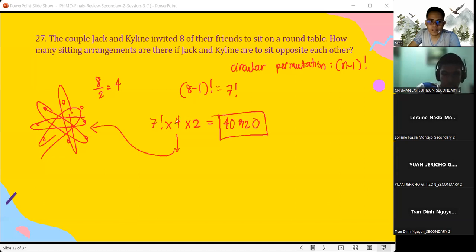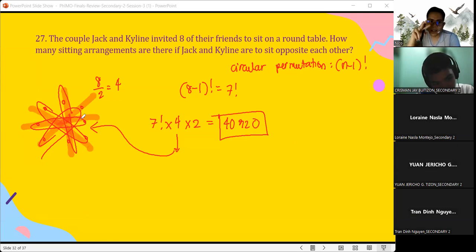Let's have the next one. Again, because it's a round table, it's a circular permutation. So n minus 1 factorial, 8 minus 1, so 7 factorial. Now, there's 4 here because you can have 4 ways to arrange them, in this part, 1, 2, 3, and 4.